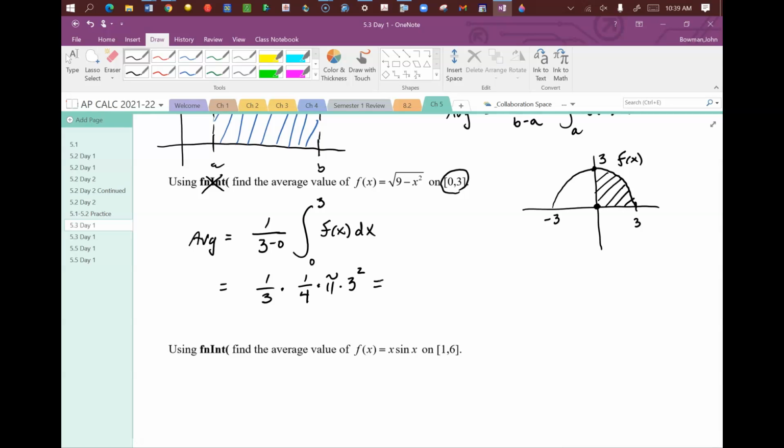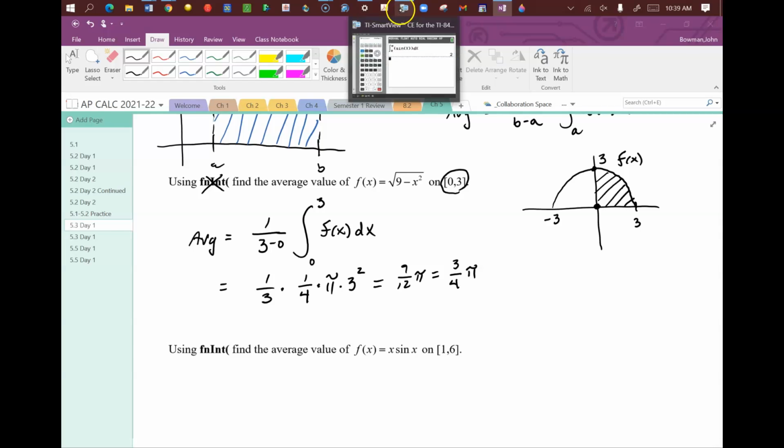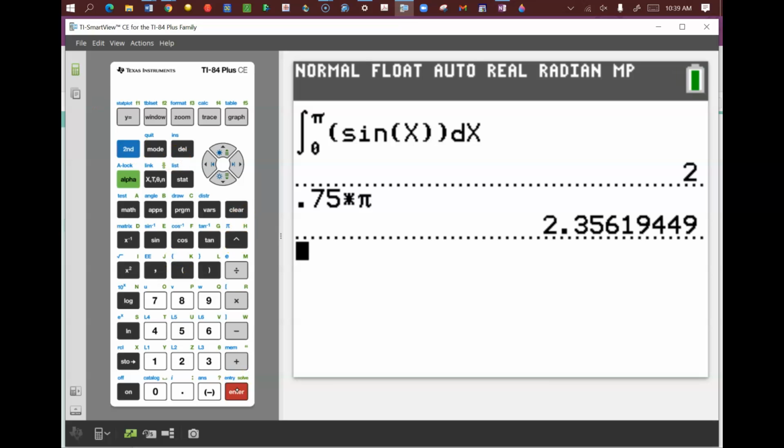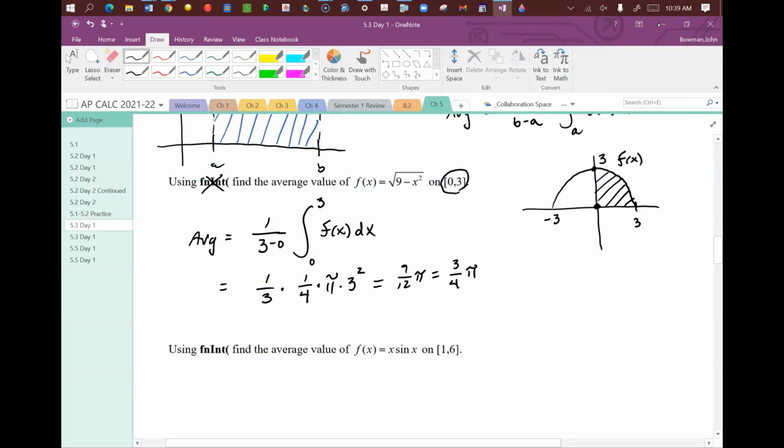We end up with 9 over 12 pi, or that turns out to be 3/4 of pi. And if you take 3/4 of pi on your calculator, 0.75 times pi, turns out to be about 2.356. So what we're saying is that the average value of that function is approximately 2.356, which seems reasonable over that interval.